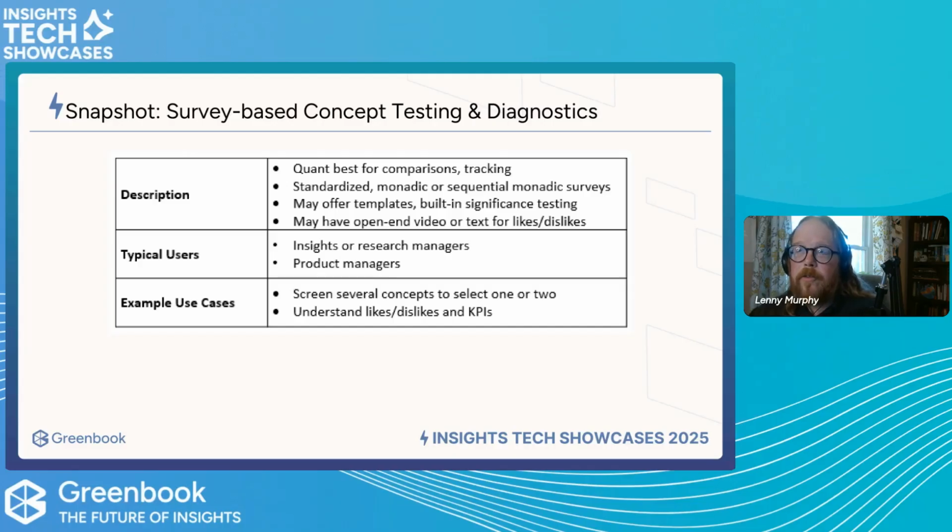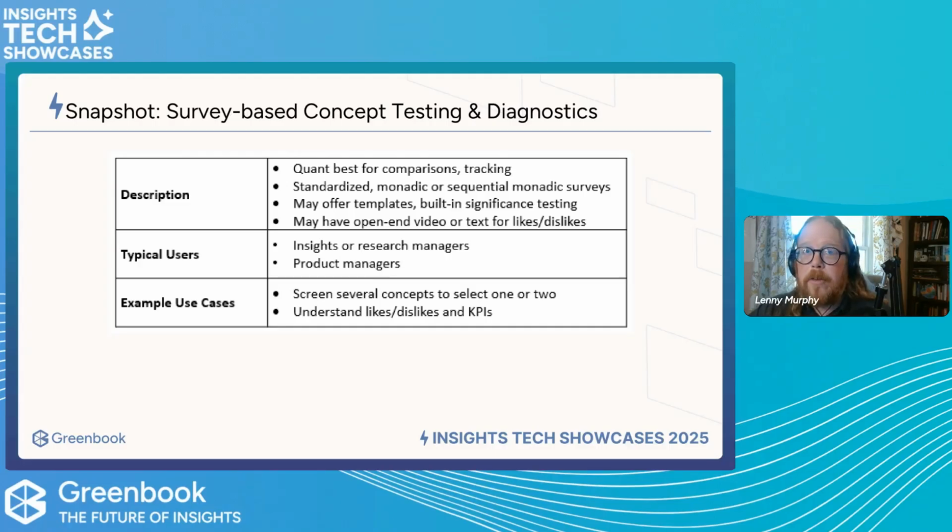They allow for lots of functionality around monadic, sequential monadic, and many other ways to test different concepts. You can utilize conjoint and max diff, looking at the optimal combination of features. All of those things happen predominantly today within online surveys.